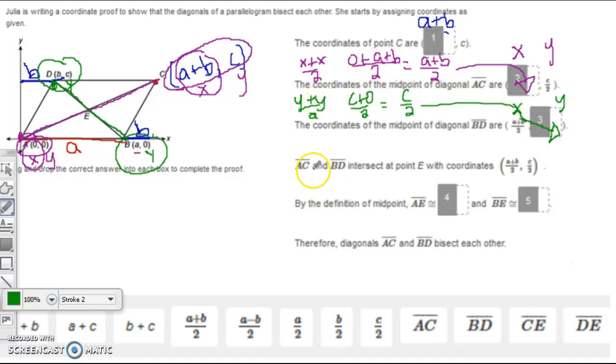All right, and then it says AC and BD intersect at point E with the coordinates, and so they've already given us the coordinates at point E. And then by definition of the midpoint, AE, so let's look at where we're talking about here. AE is congruent to what else? Well, if we're dealing with a midpoint here, AE has to be congruent to EC, because E is the midpoint of that line. I said that backwards, I meant EC.